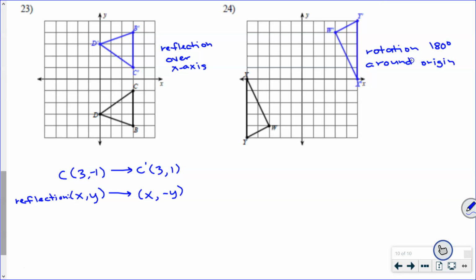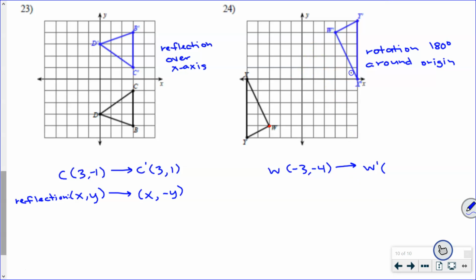And again, it helps to pick a point. Here's what I encourage you to do though. Don't pick something that's on an axis, because that gets to be confusing. So I'm going to pick point W right here. W, we're writing the coordinates. That's 1, 2, 3 to the left, so negative 3, 1, 2, 3, 4, negative 4. And it goes to, I'm going to write the coordinates of W prime as well.